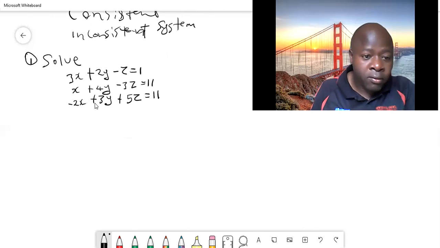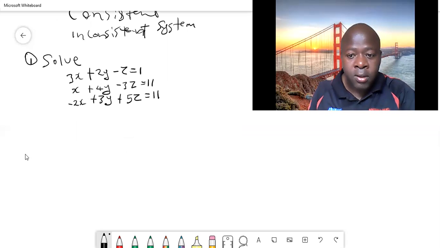So for me to solve this, what I want to do is to extract an augmented matrix out of this. And an augmented matrix is just a matrix formed of the coefficients of x, y, and z.